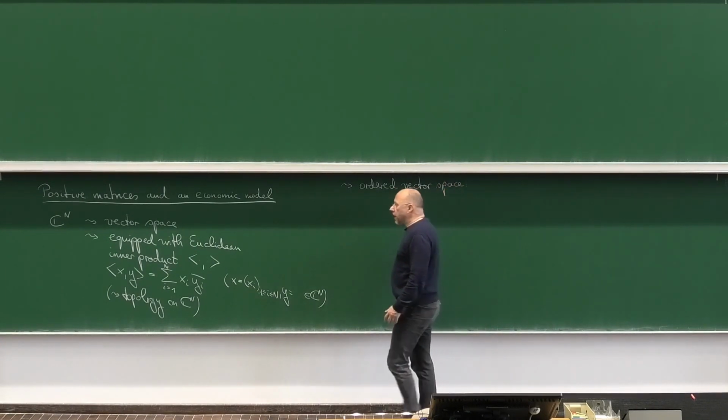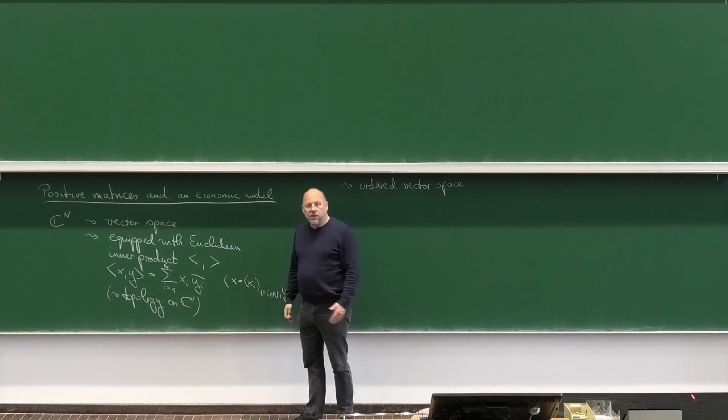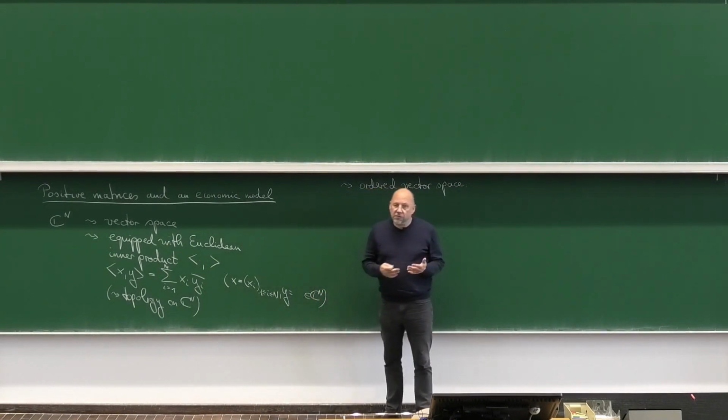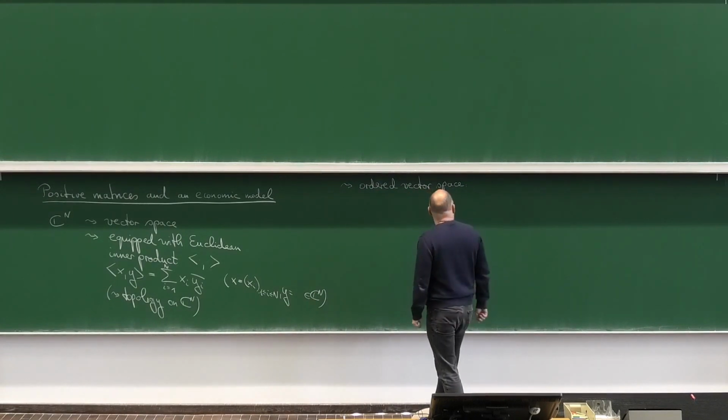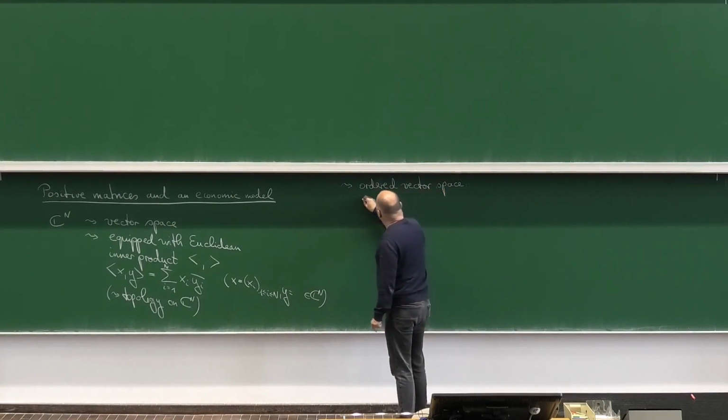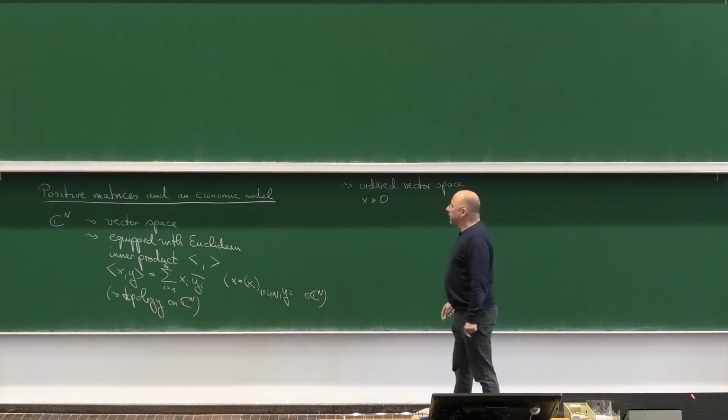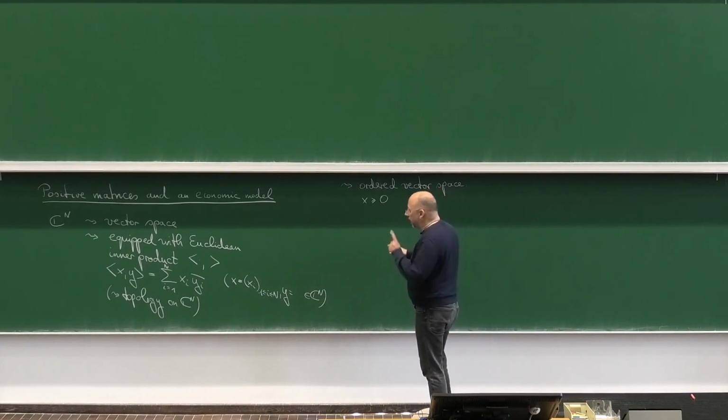But I have to explain in which sense I use positivity, because sometimes this is not unique in the literature. So a vector x is greater or equal to 0, and we say x is positive.